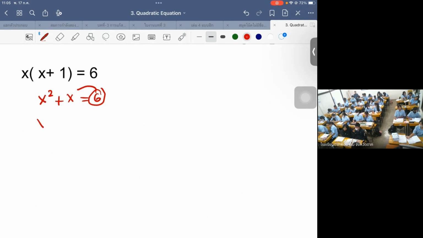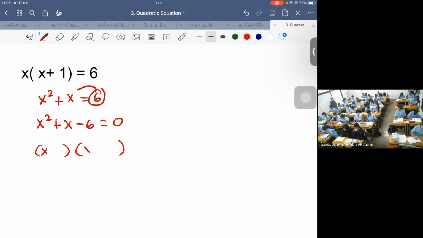So we have x squared plus x minus 6 is equal to 0. Now, process the multiplication frame. So we have x plus 3 and then x minus 2 is equal to 0.